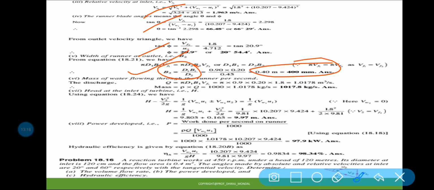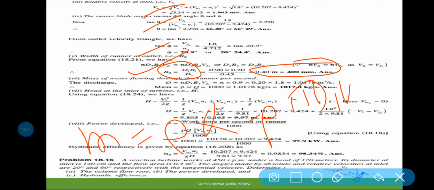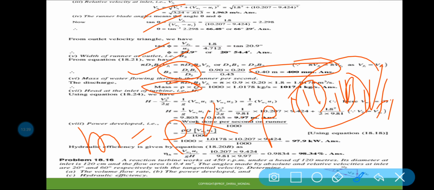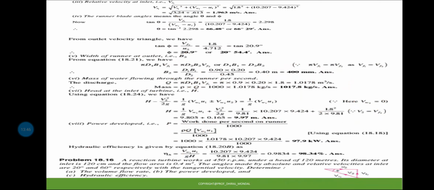So ultimately 400 is the answer. Next, mass flow rate. Now how can we find out mass flow rate? We know that mass flow rate is rho into Q. Am I right? And Q is equal to pi D1 B1 VF1. Now discharge you know, rho density. Mass is equal to rho into Q, density is equal to 1000, and discharge already I have got this amount, in meter cube per second.